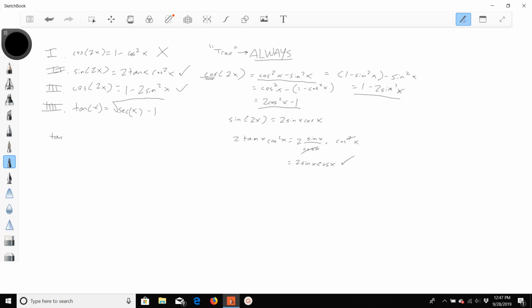Now the fourth one, I don't really like this radical here, so I'm going to square both sides. I'm going to get tangent squared x is equal to secant x minus 1. Now I know tangent squared x is secant squared x minus 1, because 1 plus tangent squared x is secant squared x, so I just subtract 1 from both sides.